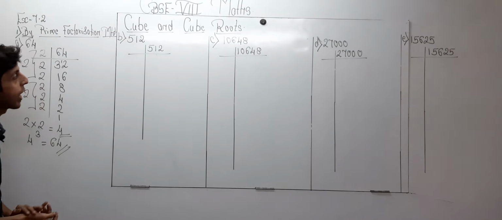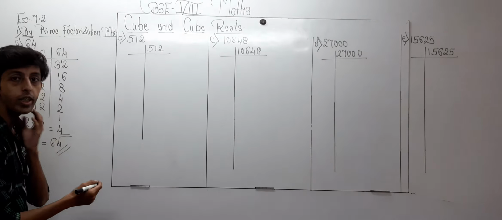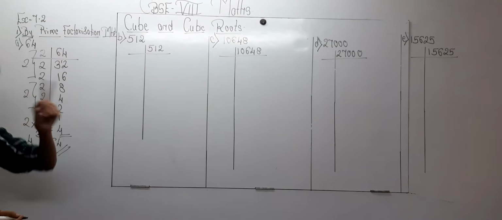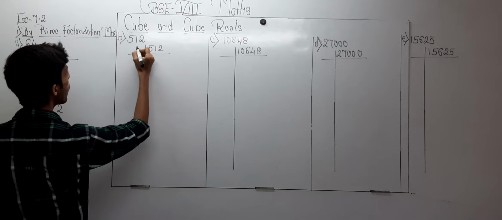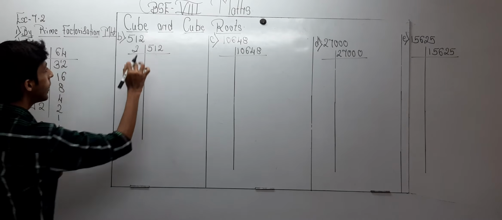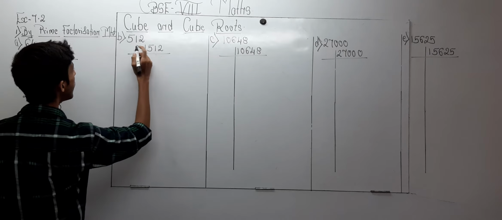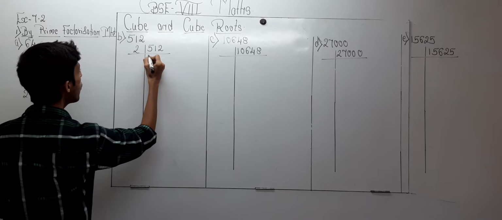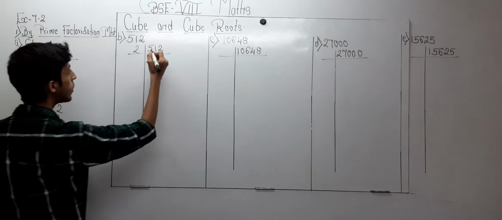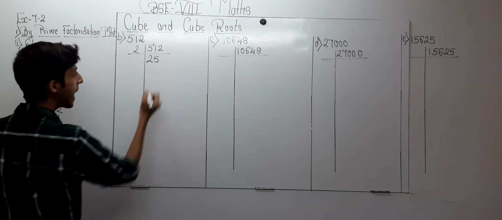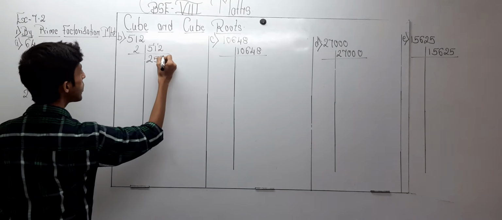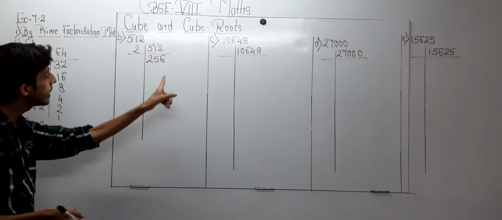Now over here 512. This also we have done in our exercise 7.1, question number 1 or 2. So over here again, 2 2s are 4, 2 5s are 10 and 2 6s are 12. See, 256.